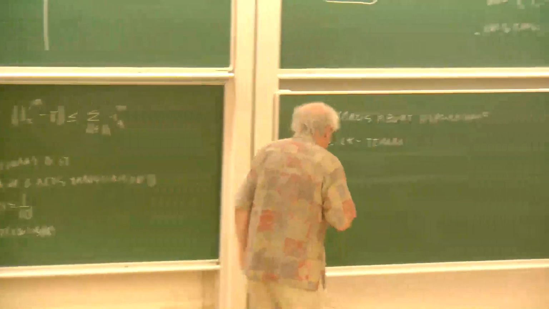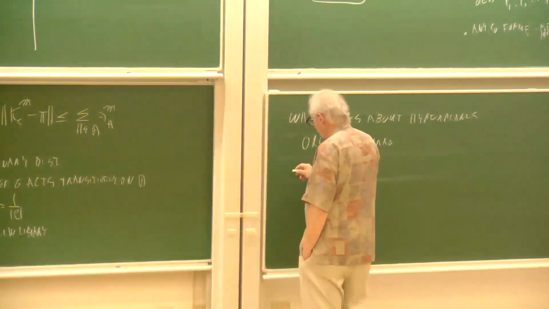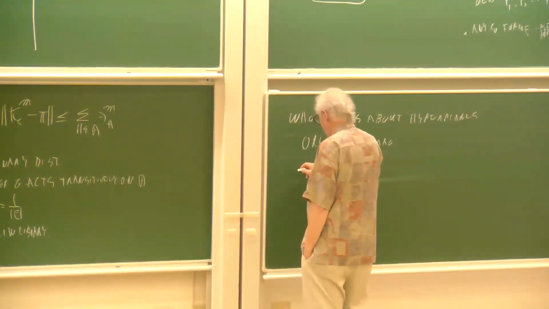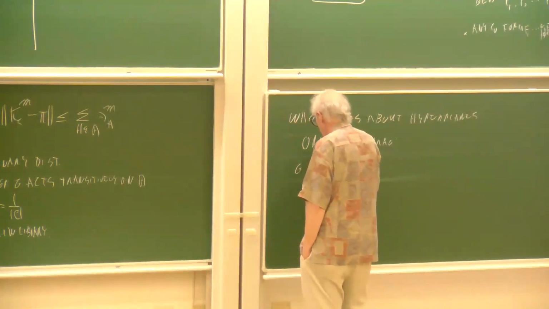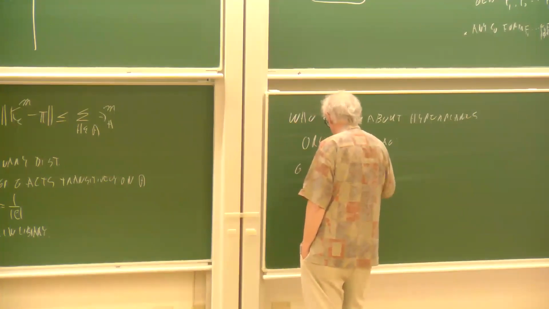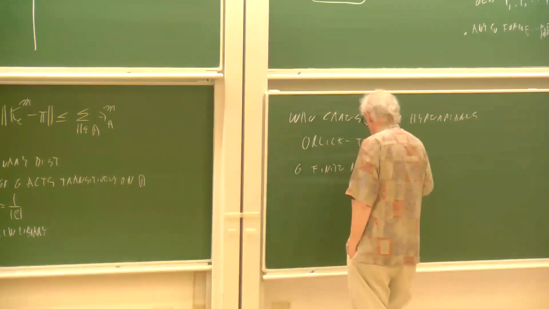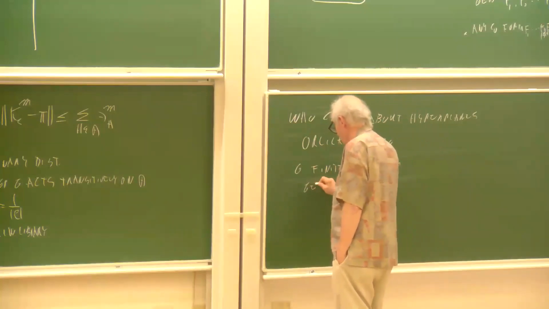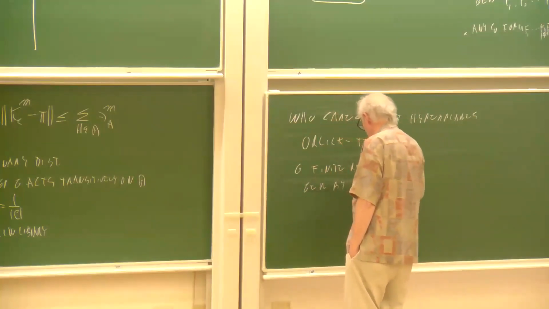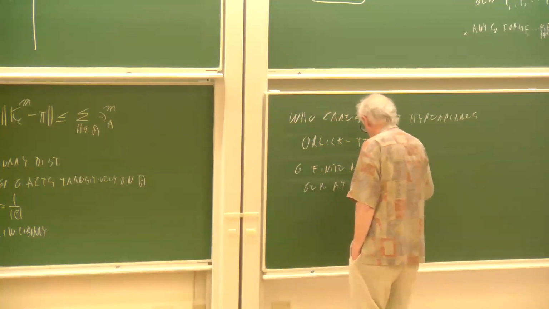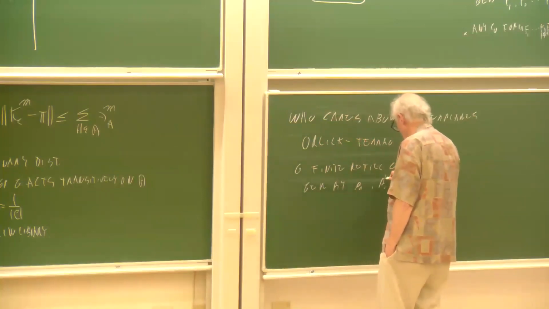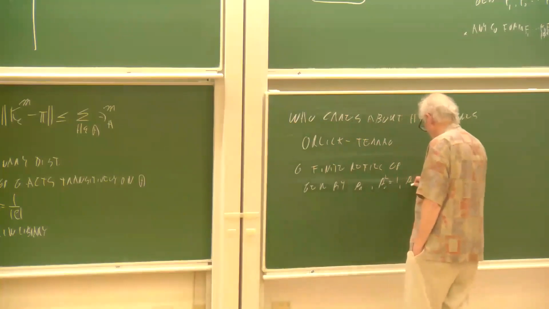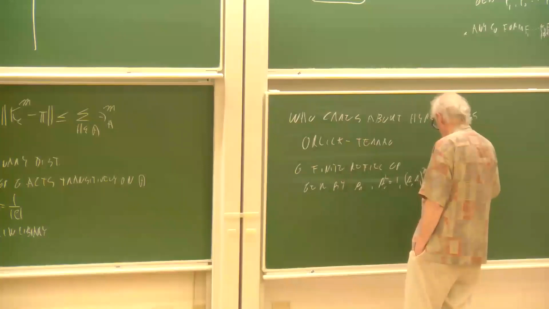So, as many people know, a finite reflection group G is generated by reflections s_i with relations s_i squared is 1 and (s_i s_j) to the m_ij, some numbers, is 1.